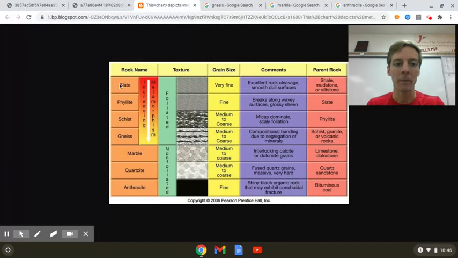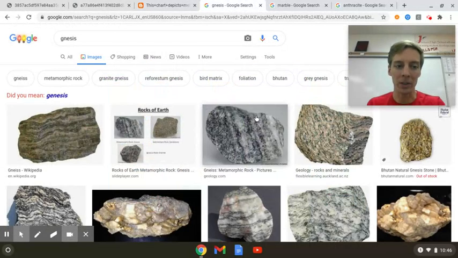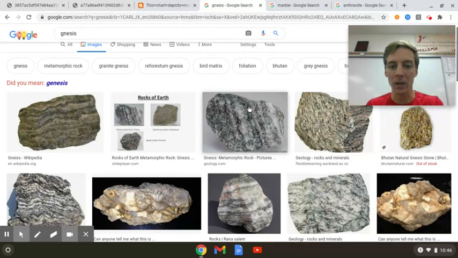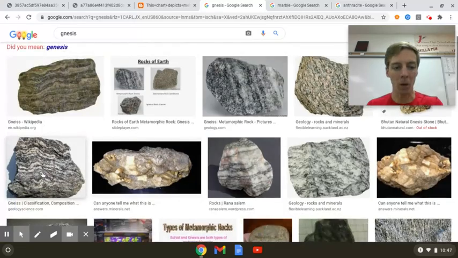All right, what about this? Phyllite, schist. What about a gneiss? Something that's very fine, and what about something that's very coarse? So these are gneiss rocks, and you can see foliated layers in all of these.